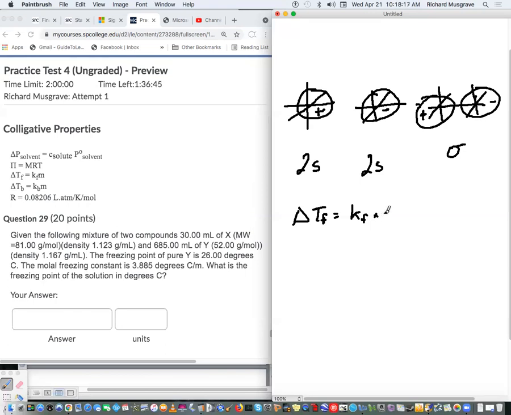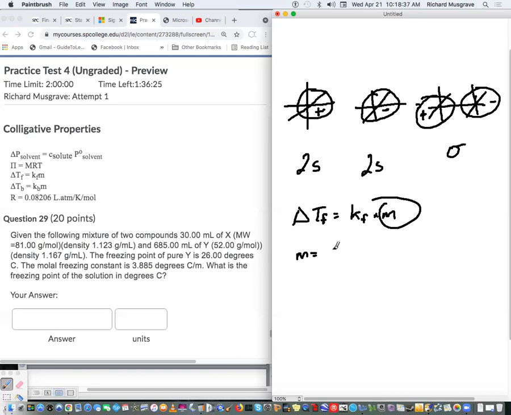You are given here the KF value, the molal freezing constant, 3.885 degrees Celsius per molal. But what we're missing is the m value, so we need to find that.